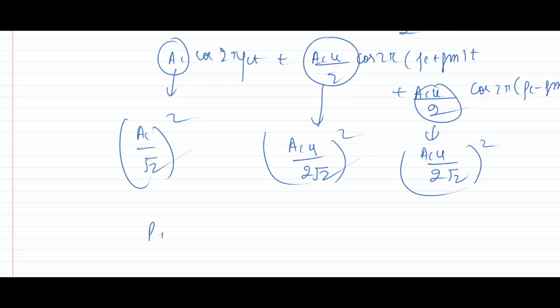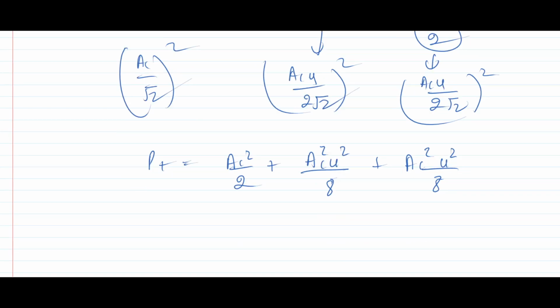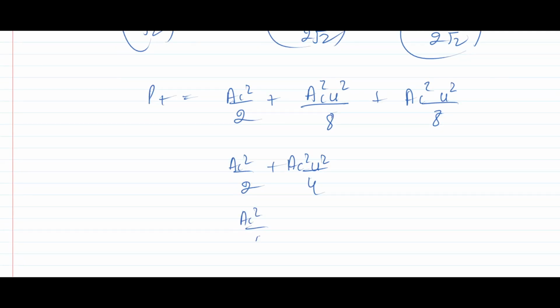So the total power PT would be Ac square by 2 plus Ac square mu square by 8 plus Ac square mu square by 8. Adding this, Ac square by 2 plus Ac square mu square by 4. Taking Ac square by 2 common, 1 plus mu square by 2.